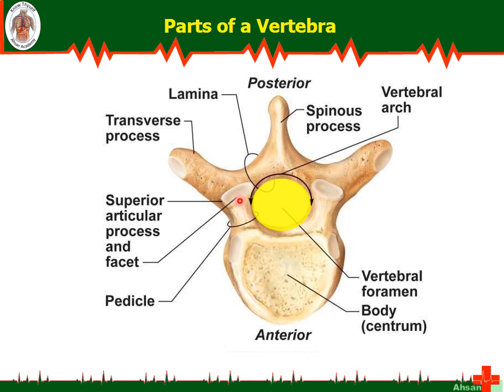From this pedicle and laminar junction, two processes, one extending up and one extending below, arise on either side. These are the articular processes, superior articular process and inferior articular process. Over there is the facet, a plain area for making a joint. This is known as the articular facet. This is the transverse process.